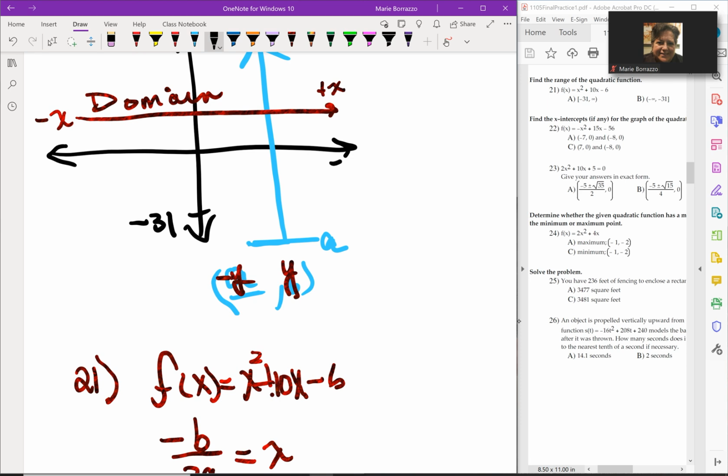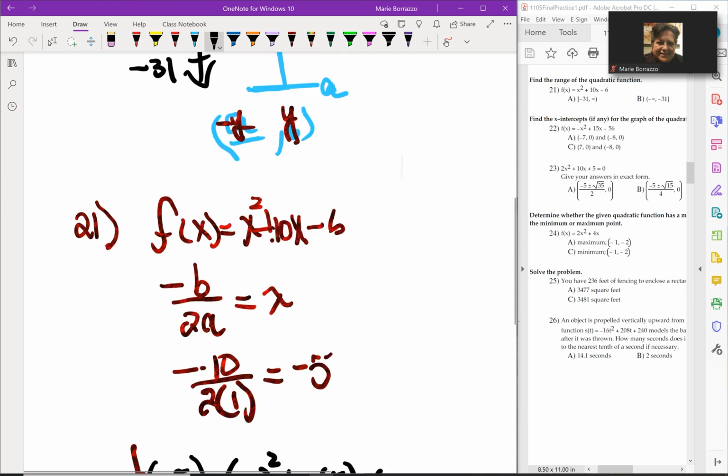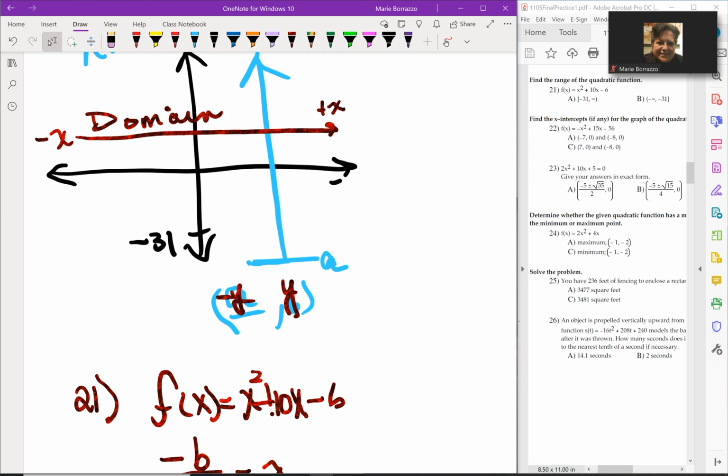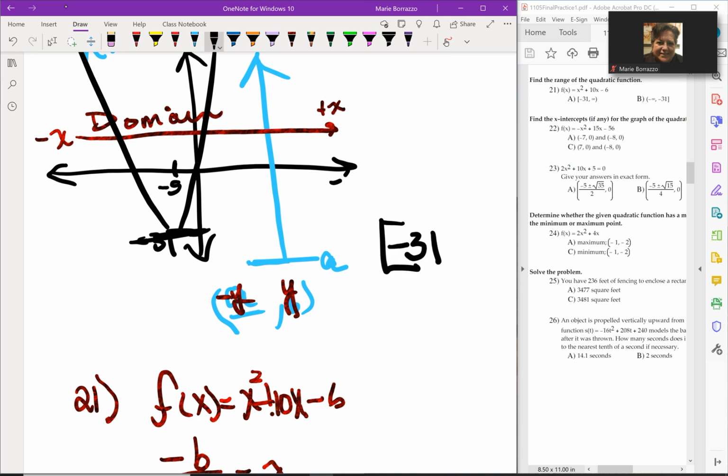If I'm at negative 5 for x, I'm going to be over here, hypothetically. So I've got my vertex. This is opening up this way, and my vertex is down here. That means the lowest part of my range is negative 31, and it goes up to positive infinity, always with a parenthesis. So it looks like for number 21, the answer choice is A.